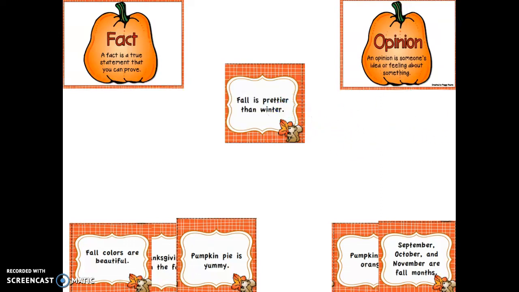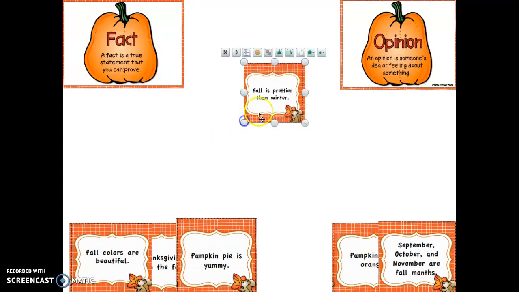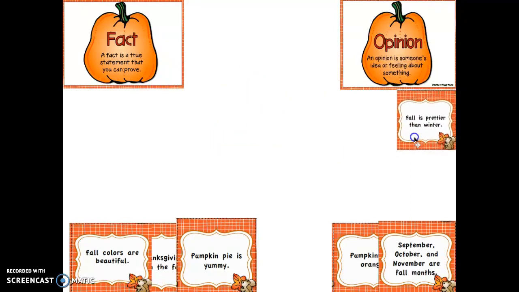They may not agree that fall is prettier than winter. Since we cannot prove this statement, it's more something I think or feel about fall. Other people may argue that winter is prettier. I know this is an opinion statement because of those reasons.